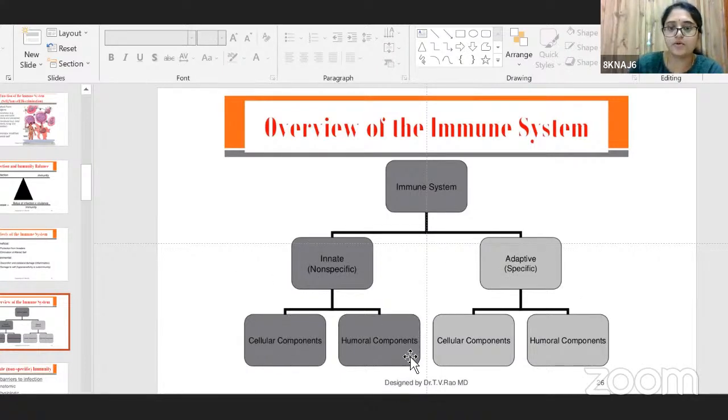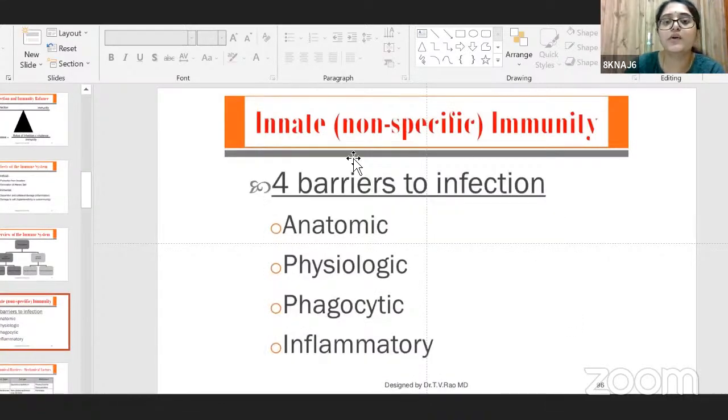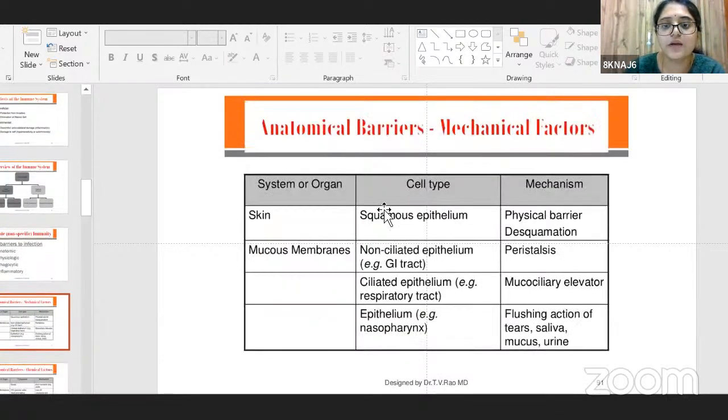Cellular and humoral components are activated again or triggered. Like I told you, innate has four barriers to the infection: anatomic, physiological, phagocytic, and inflammatory. You can see physical barriers, that is the skin, and then the mucosal membrane, basically the squamous epithelium, basic skin, it's protecting us. It's a physical barrier.